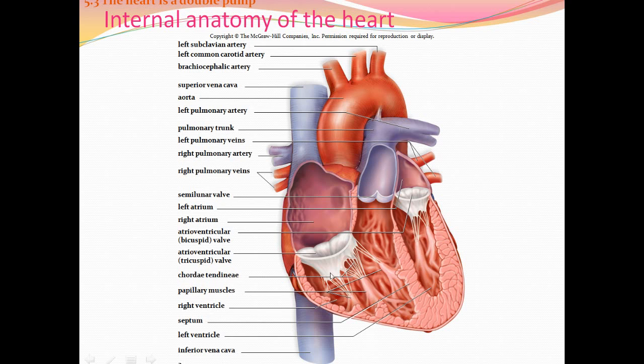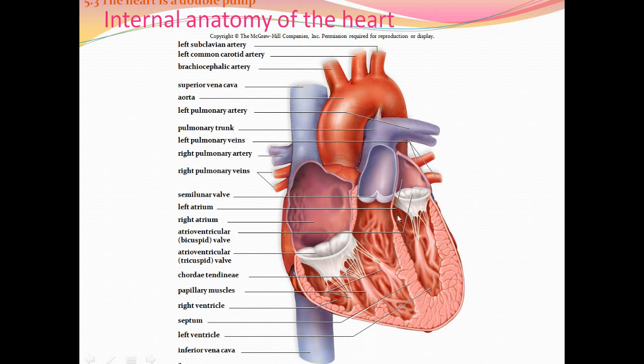We're going to go over blood flow in a second, and that'll help some of this make sense. But let's just learn basic anatomy. So atria, ventricles. This is an AV valve, or atrioventricular valve. Another AV valve, and then a semilunar valve here.